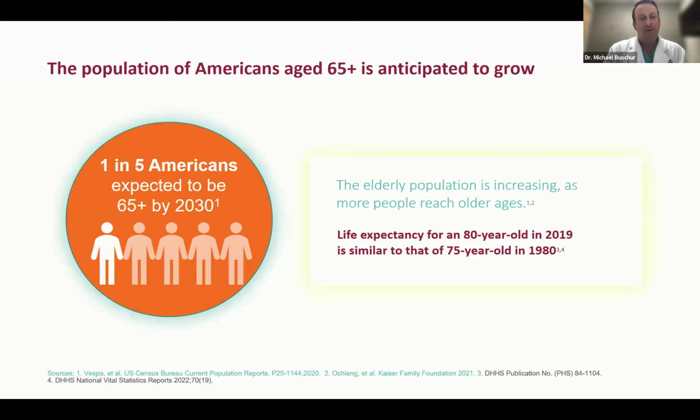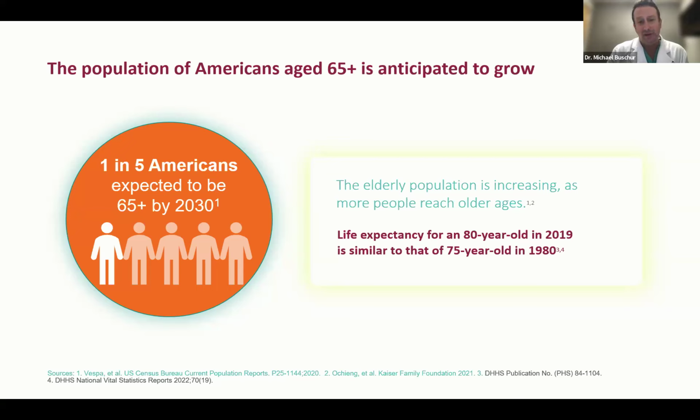This is a huge issue in America because, as everyone knows, the population of Americans age 65 and plus is growing and is growing quicker. Not only is the elderly population increasing, more people are reaching older ages. What we're seeing now compared to 1980, even in just the last 45 years, is that the average life expectancy in Americans has gone up a great deal.